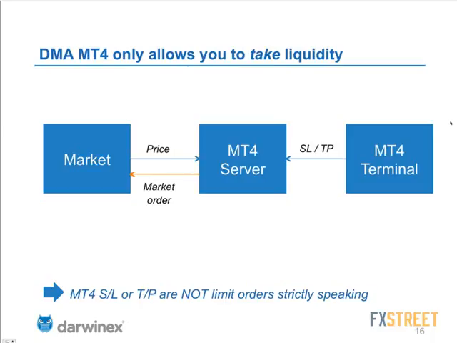But when you work with a DMA broker, one that really sends all the trades to the real market, MT4 does not, strictly speaking, allow you to enter limit orders into the order book, which means you can only take liquidity, which also means that slippage is part of the equation.